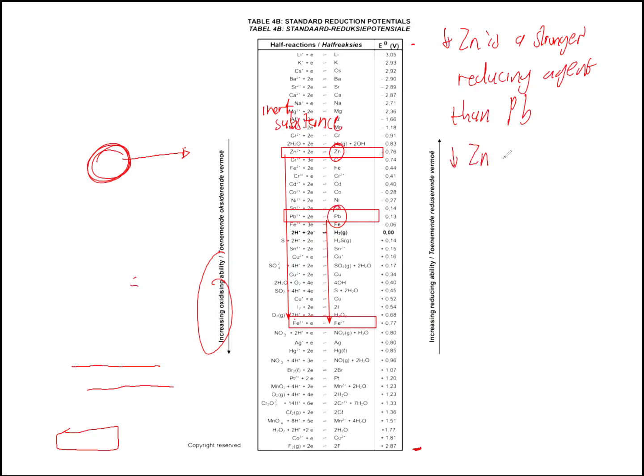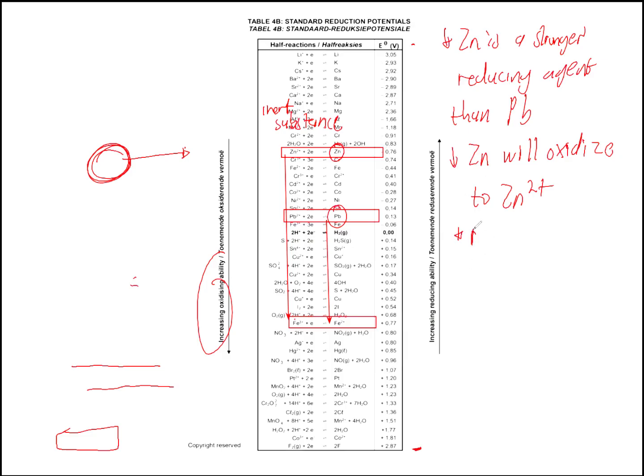Which means zinc will oxidize. Remember, what does a reducing agent do? It oxidizes. Zinc will oxidize to zinc 2 plus. And that's all you mention.